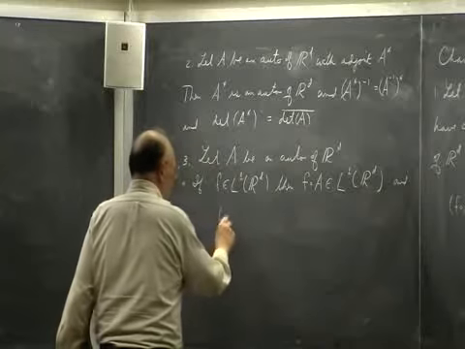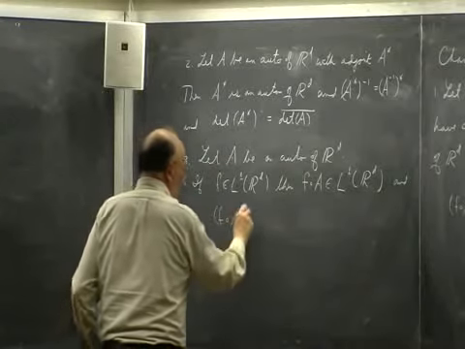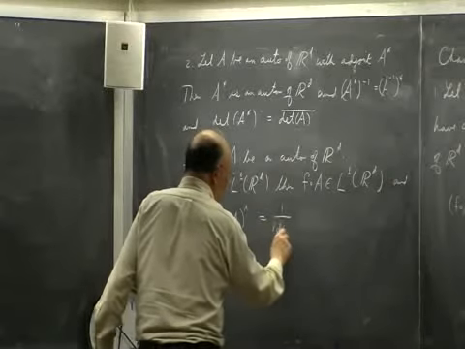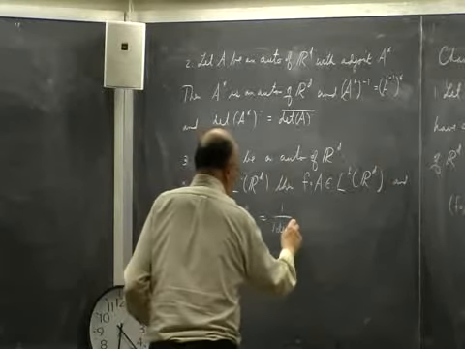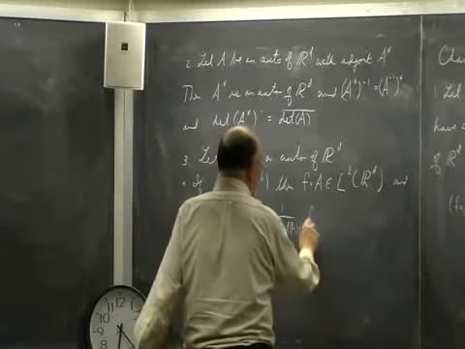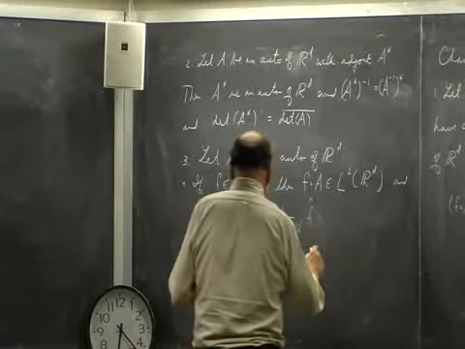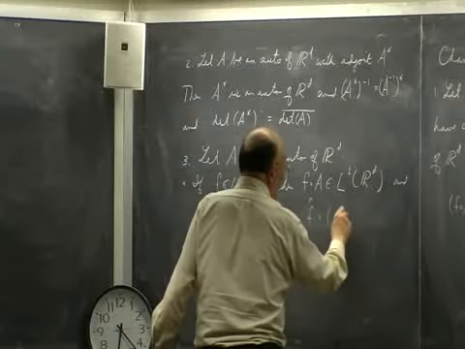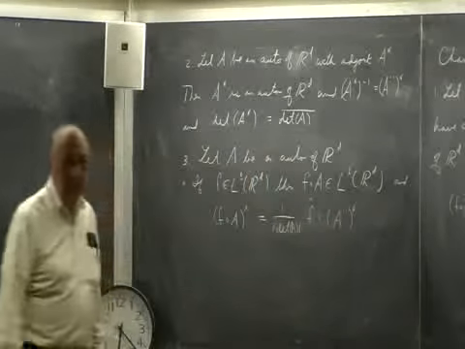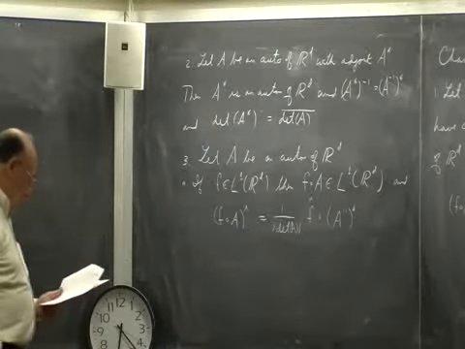And the Fourier transform of that composition is 1 over the determinant of A times F hat composed with A inverse hat.